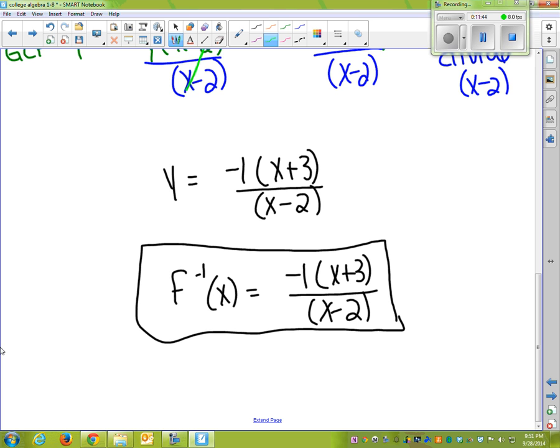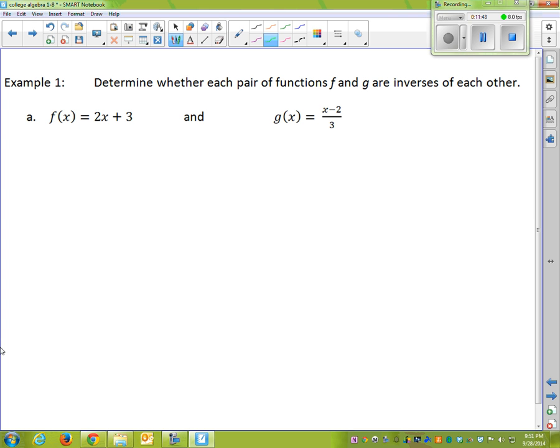All right, we have one last type to look at. And this is, if I give you two functions, can you tell if they're inverse of each other? So all we have to do is look at one of the functions, f of x. I'm going to find the inverse of f of x. Okay.